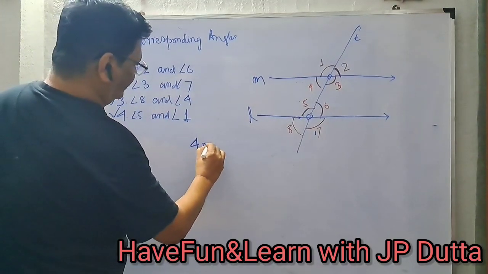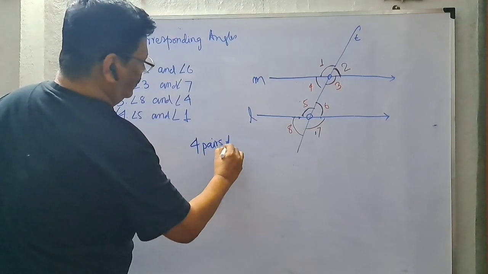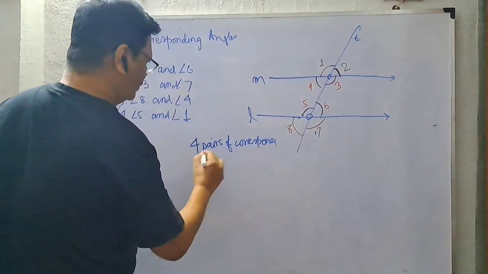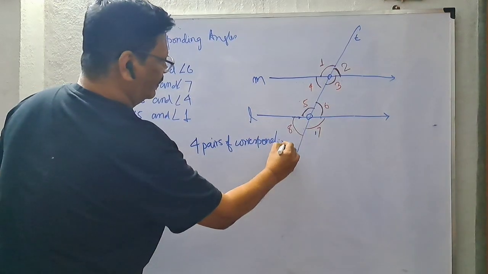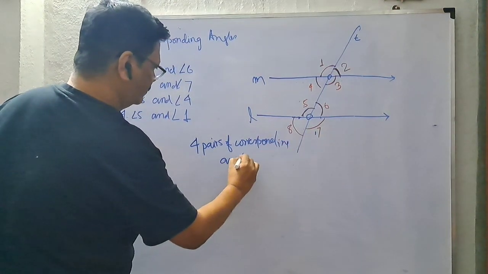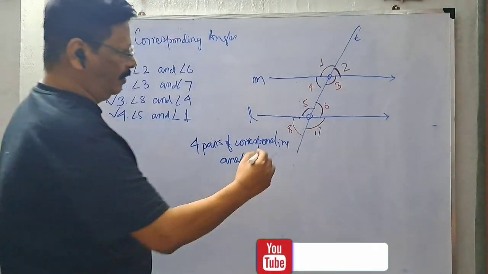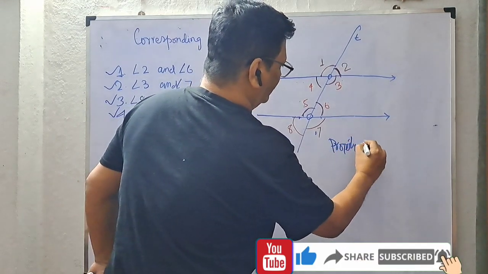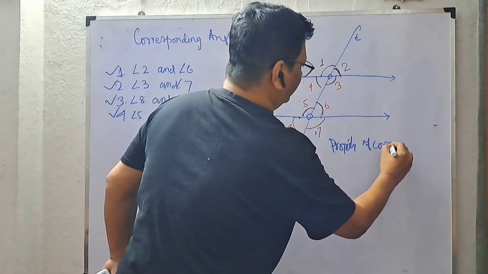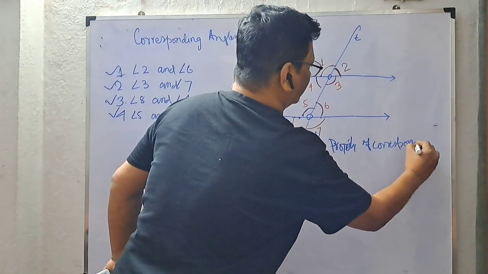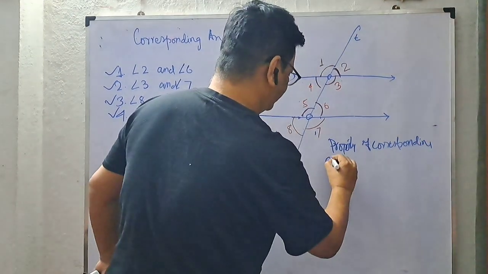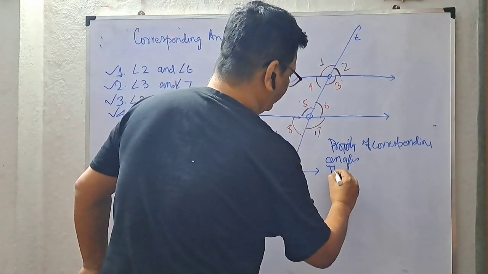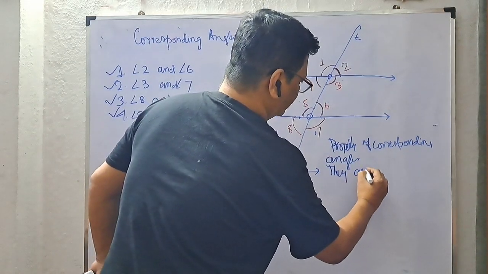4 pairs of corresponding angles. Now we look at the property of corresponding angles. They are equal.